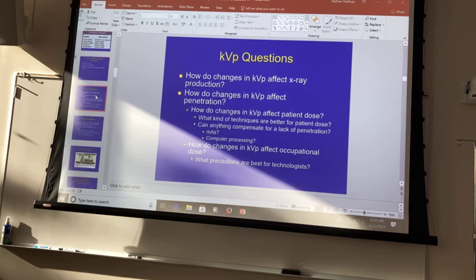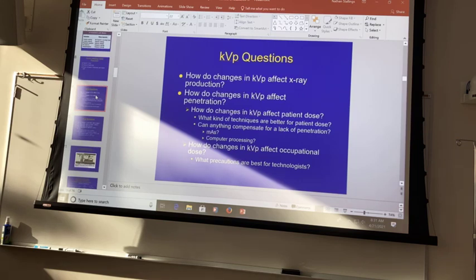If the only thing that we change is kVp, and we don't make any changes in mass or distance or anything else, there's a direct relationship between kVp and production. Increased kVp, increased production. But it's not directly direct, it's exponentially direct, so a 15% increase in kVp drastically increases the production, and that goes back to that spectrum.